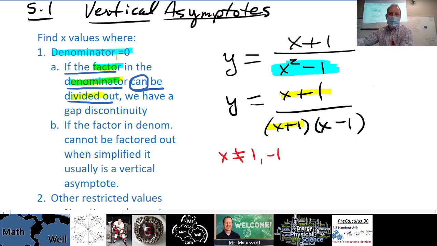At this restricted value of this factor, and that's the negative 1, right, the restriction that's attached to this factor, that means that at this x value, we have something called a gap discontinuity. A gap discontinuity. So you're writing these down in your notes here, okay? If factors can be divided out of a rational function like this, then that restricted value represents a gap discontinuity.